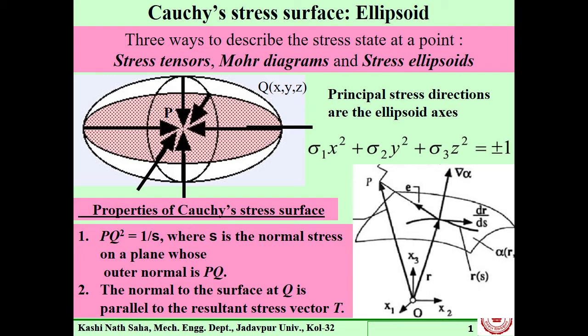Fine. Now, what are the properties of the Cauchy stress surface? Here, if PQ squared is 1 by S, where S stands for sigma, this sigma is a stress value. So what is this particular sigma here? This is the normal stress on a plane whose outer normal is PQ.